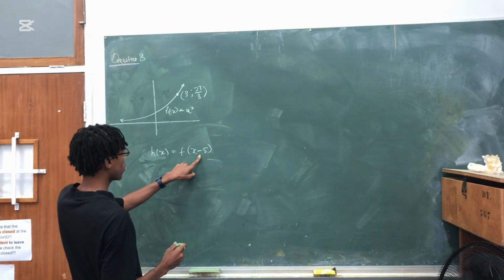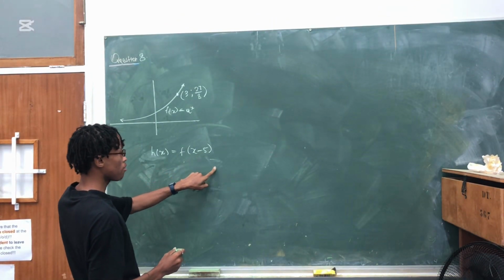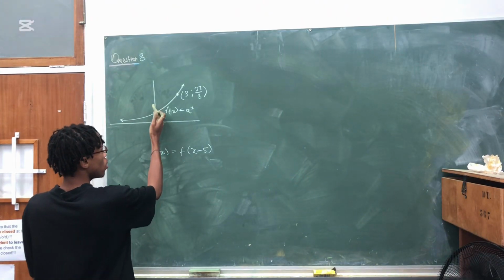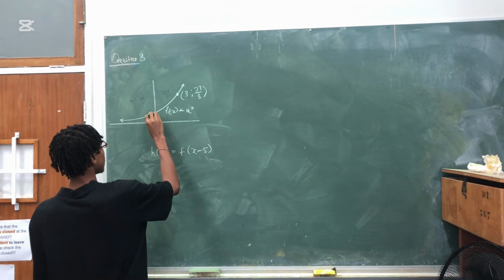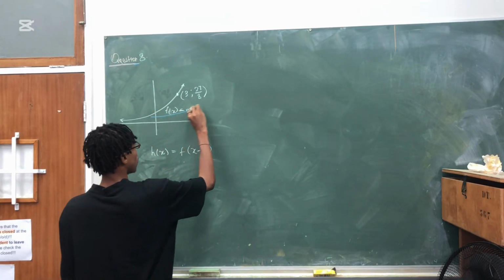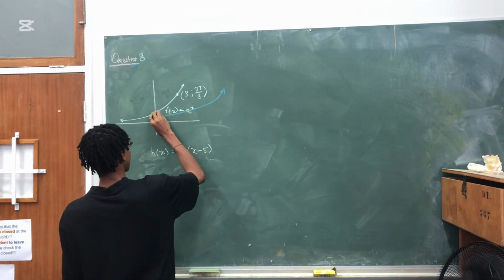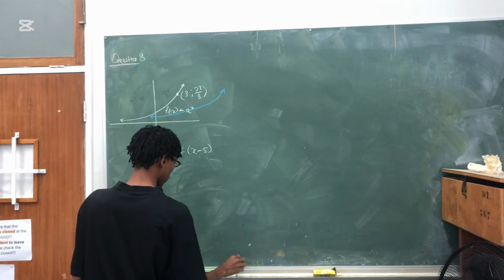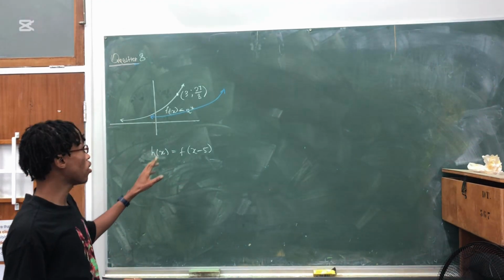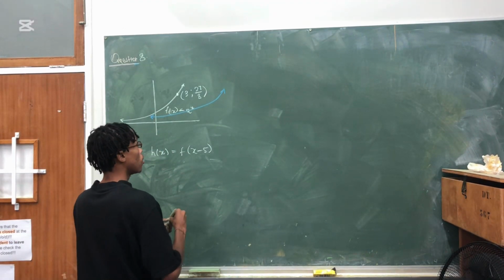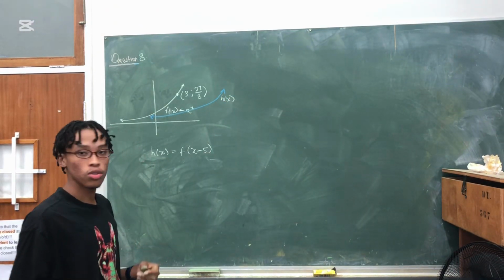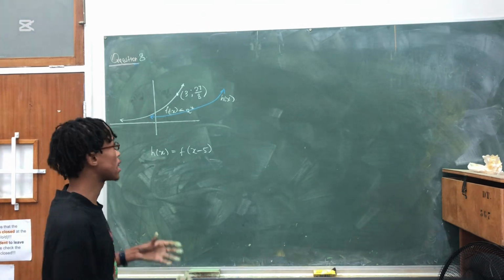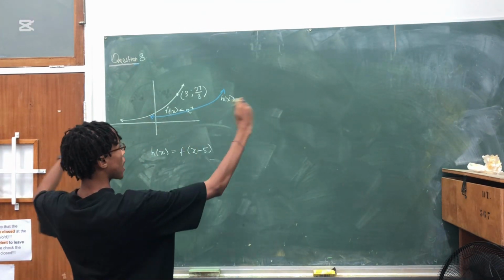So for this instance, it's -5, meaning that we're moving 5 units to the right. So our new function will probably look like this. Now, the domain of this new function, remember the domain simply refers to the x values that the function can cover.